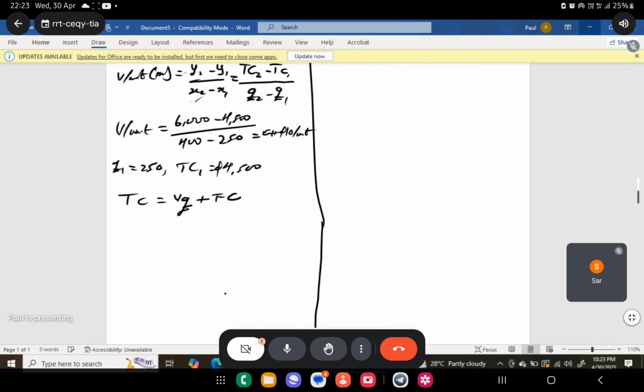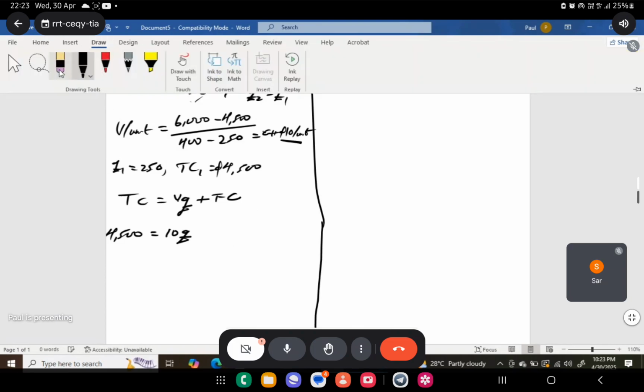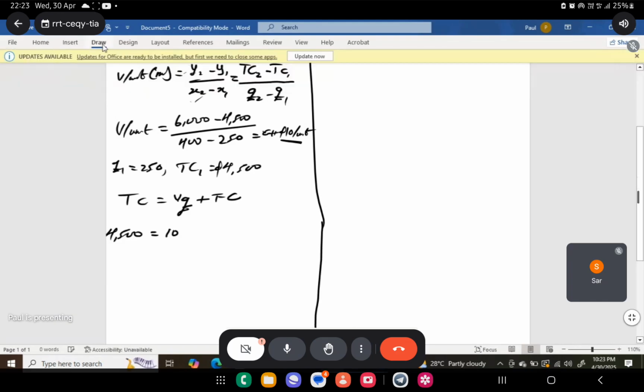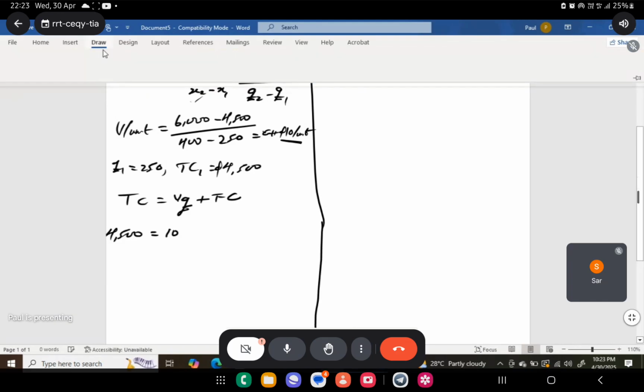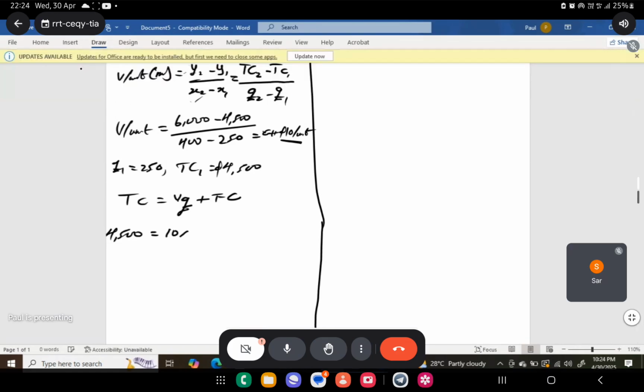We know our total cost to be 4,500, our variable cost per unit to be 10, so 10 times Q. And at this activity level our quantity is 250, so 10 times 250 plus the fixed cost should give you the total cost.